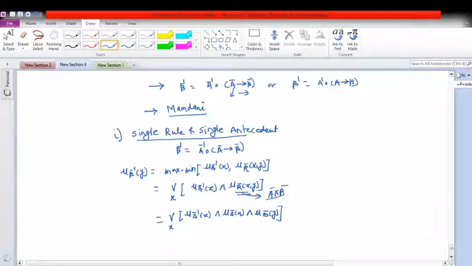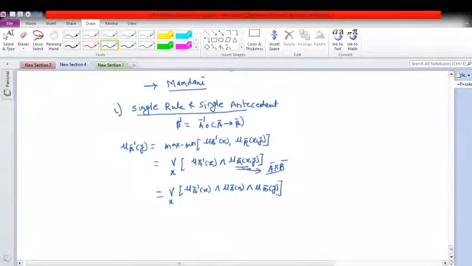Now you can see this is nothing but the intersection, so from that select the minimum value. Some intersection I'll get, and from that again select the maximum, so it will be obtained as w1 ending with mu b bar of y.